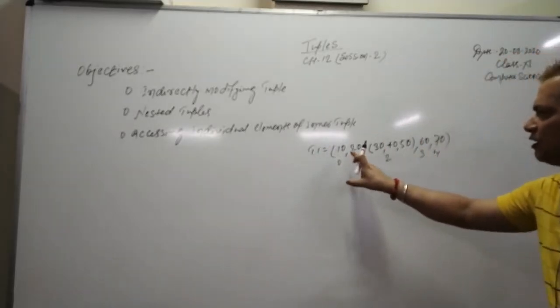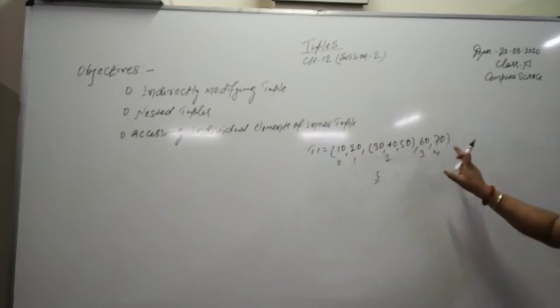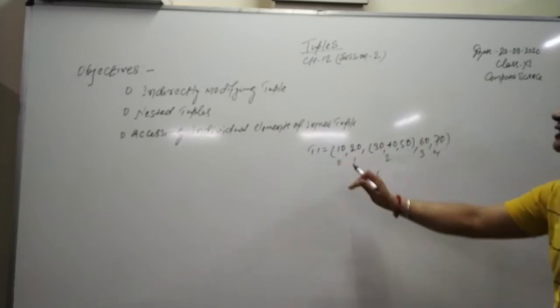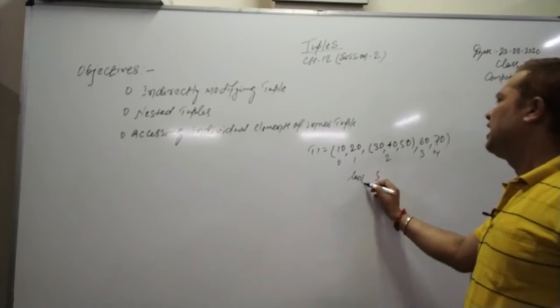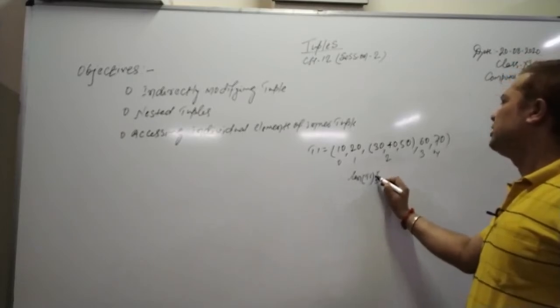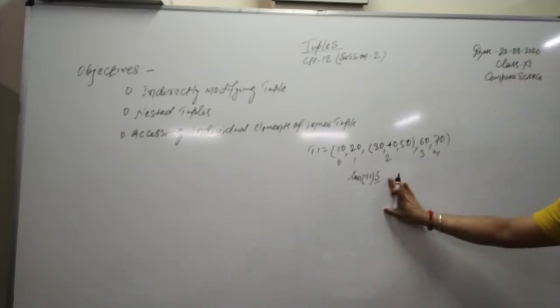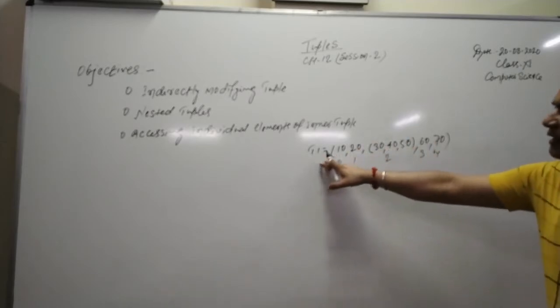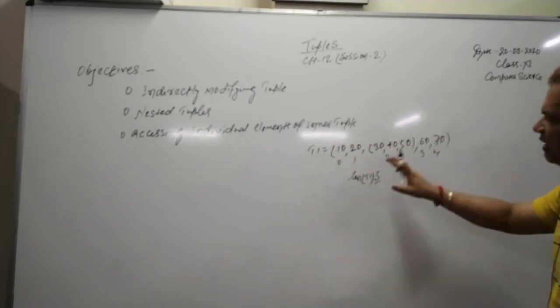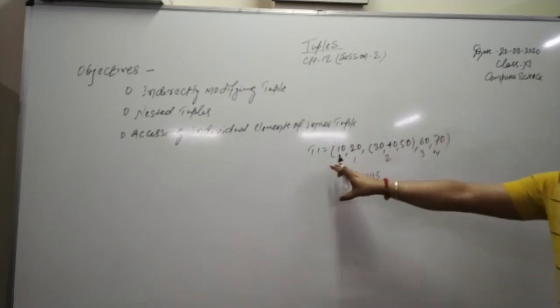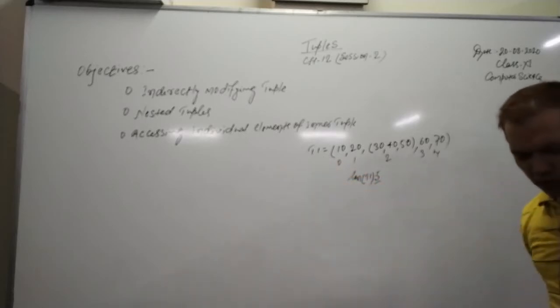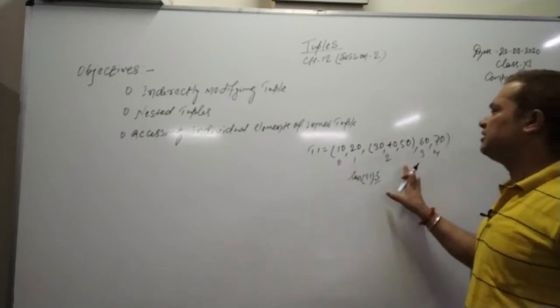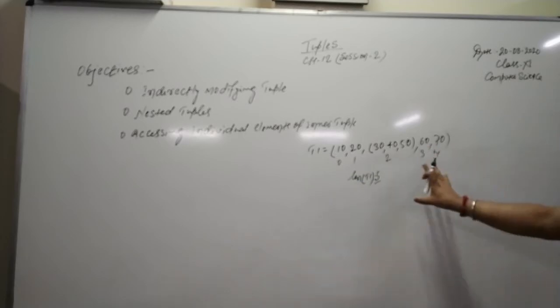So there are 1, 2, 3, 4, 5 elements. So if you see len of T1, it will give you 5 as the answer, right? Since a tuple has a tuple itself as an element, T1 is an example of a nested tuple. So this is how to write a nested tuple.